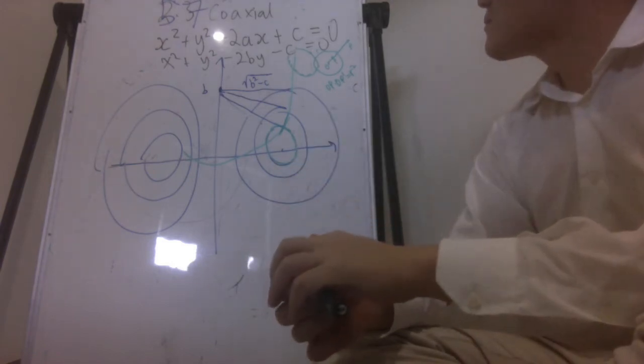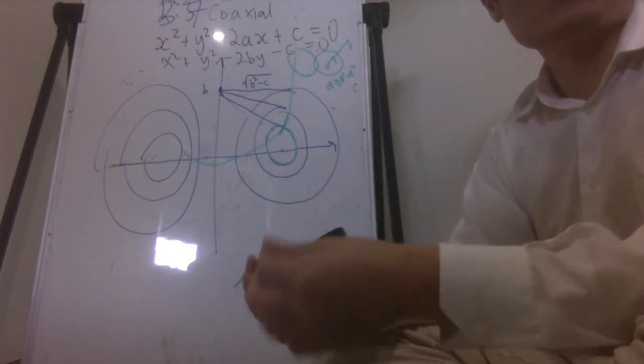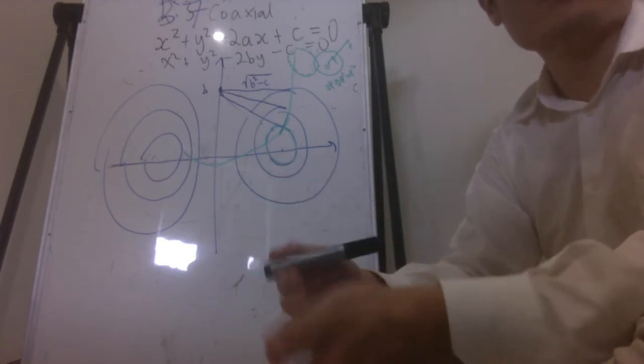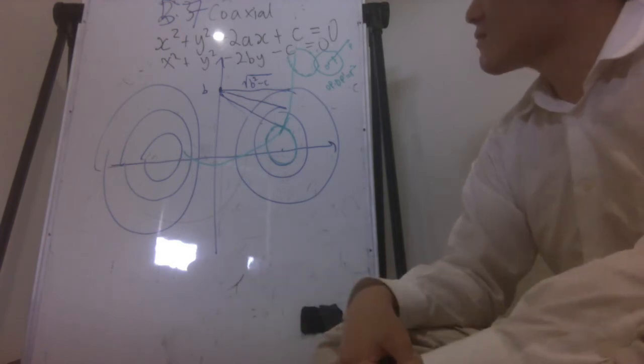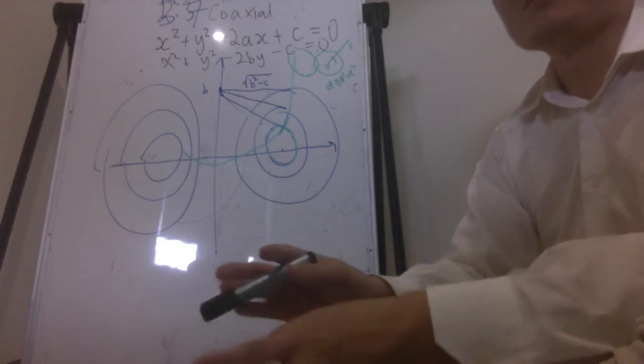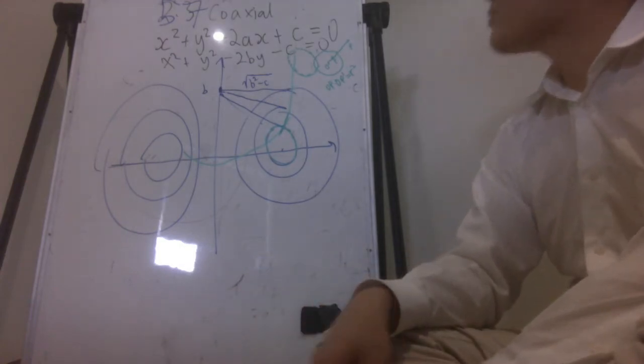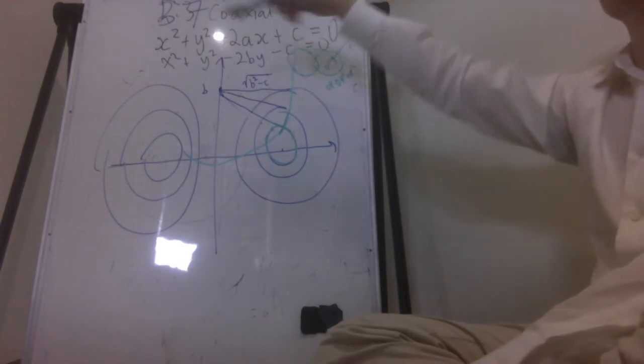And they're all orthogonal to each other. Every circle in one pencil is orthogonal to every circle in the other one. So you can smell a bit of an inversive definition coming up. But even before that, maybe we should check that these two things actually work.